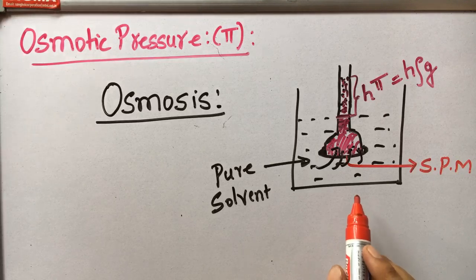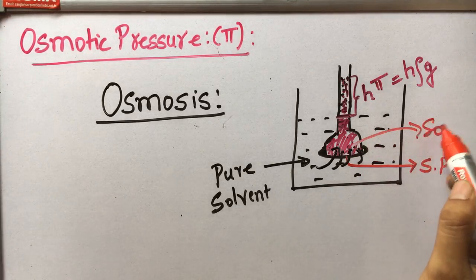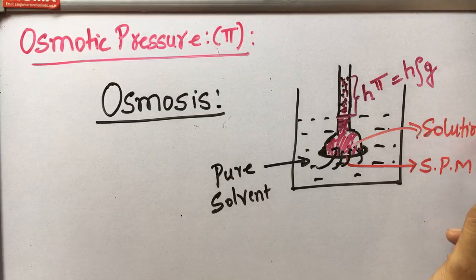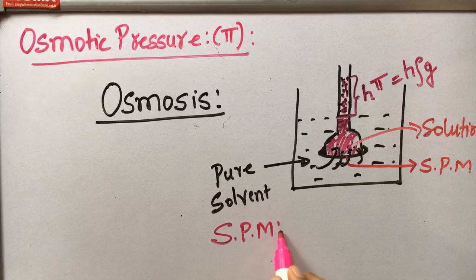So now we say that this is solvent. Inside, whatever we have placed is called solution, and the solution and solvent are separated by a semi-permeable membrane. Certain important examples are given for semi-permeable membrane in your NCERT.